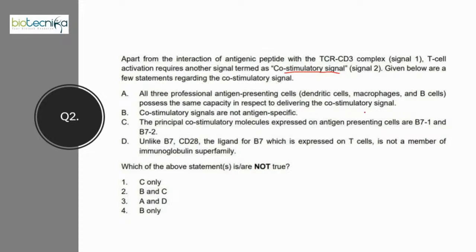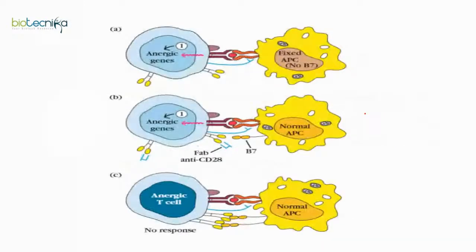So this is a question which comes from the chapter of T cell formation and activation. There you will get to see this particular picture, where you can see the different fate of this APC and how it gets activated.